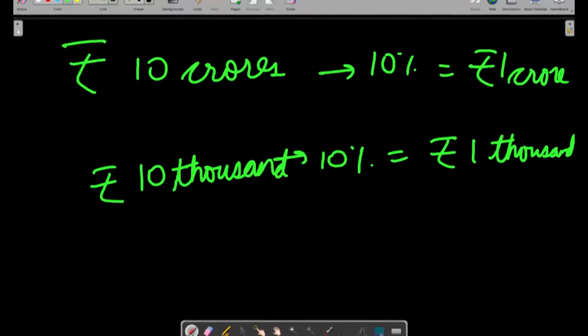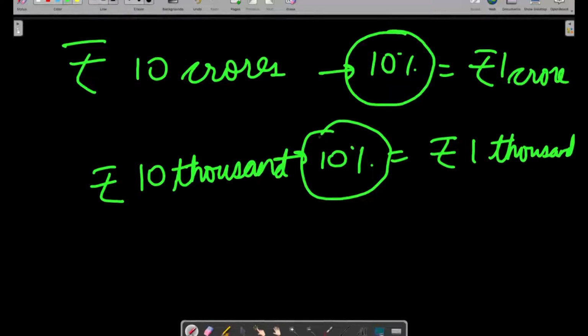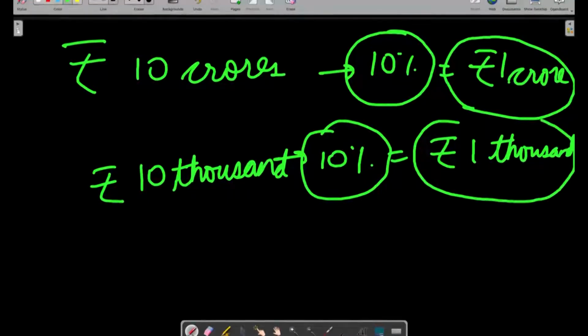Now, this is an equitable tax because we are asking both the rich and the poor to pay only 10%. But by asking them to pay 10%, we are taking a larger sum from those people with a greater ability to pay, and we are taking a smaller amount from those people who have a lesser ability to pay.